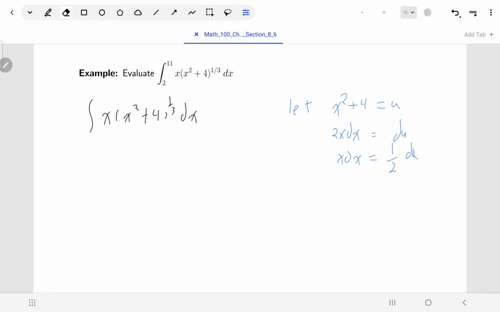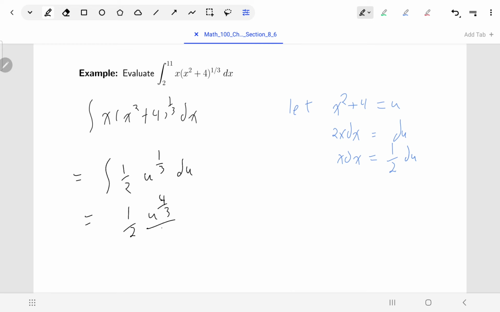So I can go and do my substitution, and I can say that for an indefinite integral, (x squared plus 4) to the third becomes u to the third, and x dx becomes half du. And then this is easy enough for us to find our indefinite integral for.